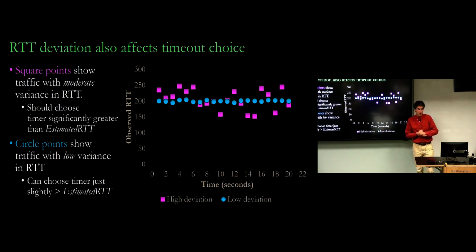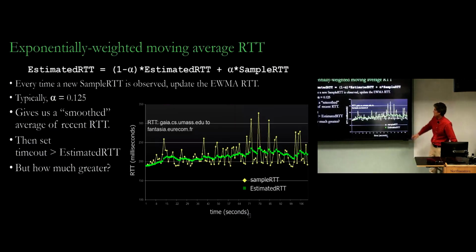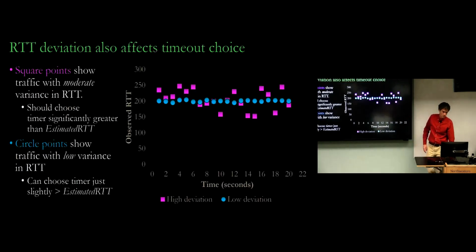You really need to know the deviation of your round trip time to decide how much safety margin you need, right? If it was varying by a large amount, then you need a pretty large safety margin to not get premature timeouts. If the variation is very small, then you need only a small margin.